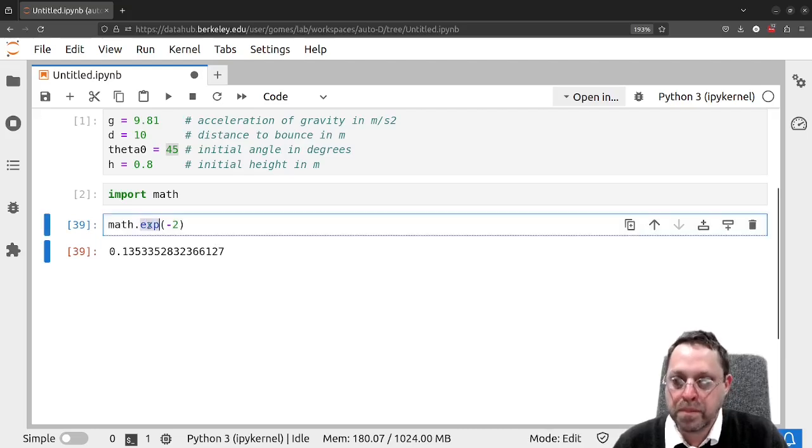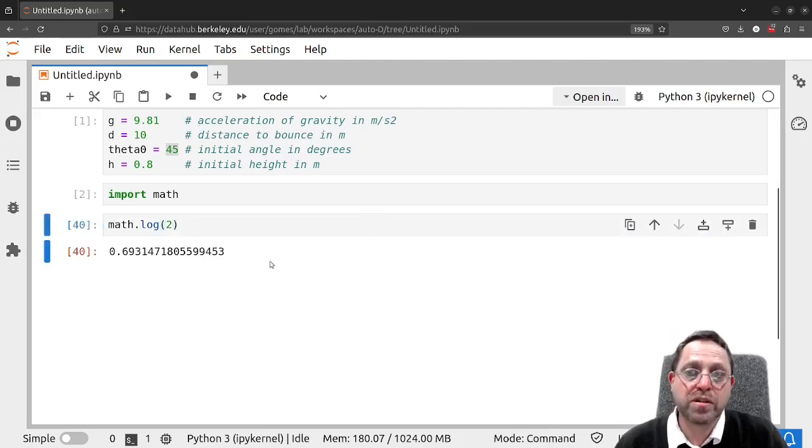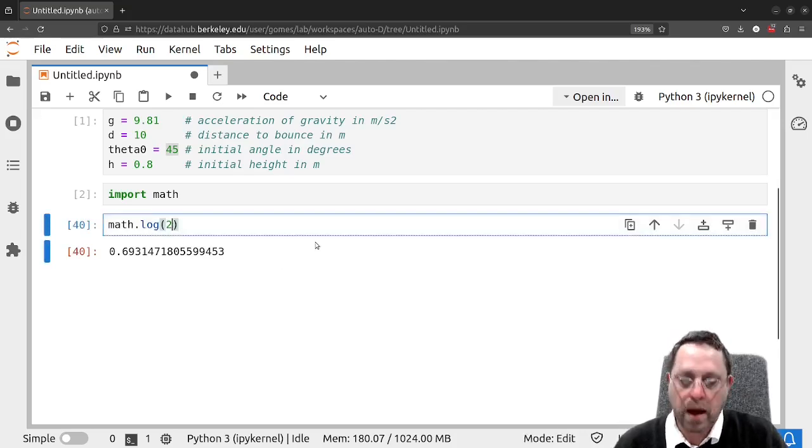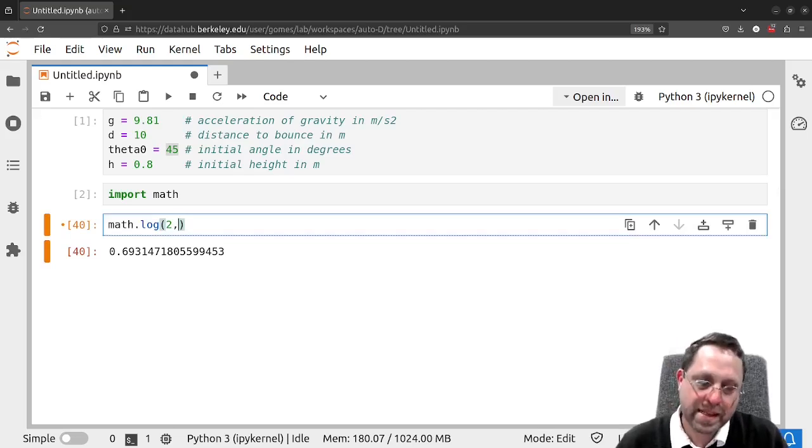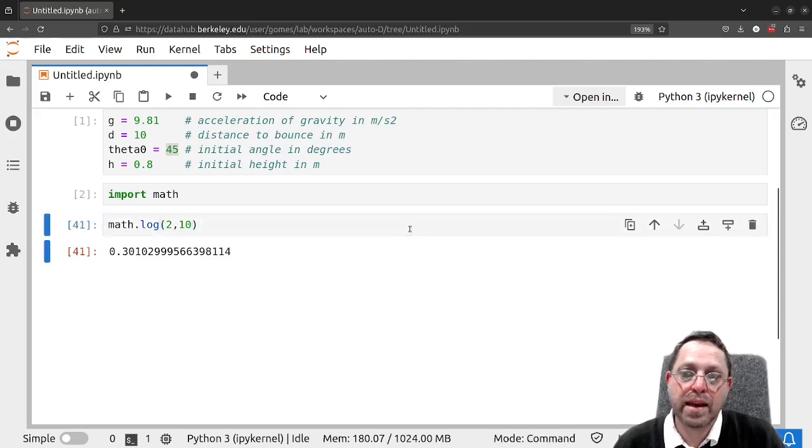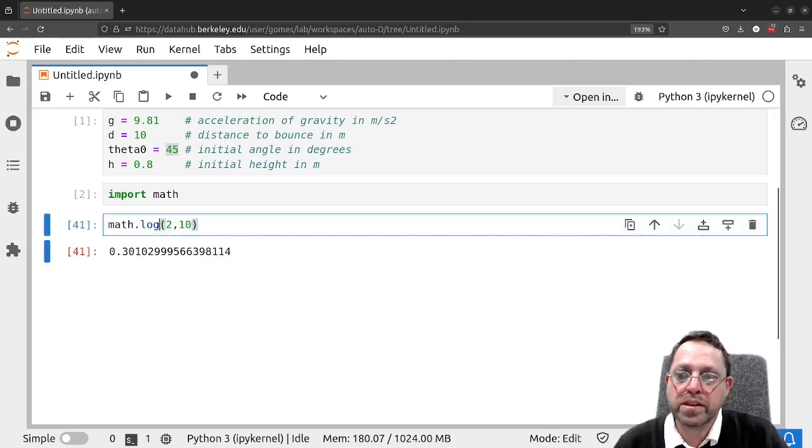The logarithm, if I say the logarithm of 2, that would be the natural logarithm of 2. And if I wanted, say, the base 10 logarithm of 2, I could pass in the base as a 10. And that would be equivalent to using the base 10 logarithm function.